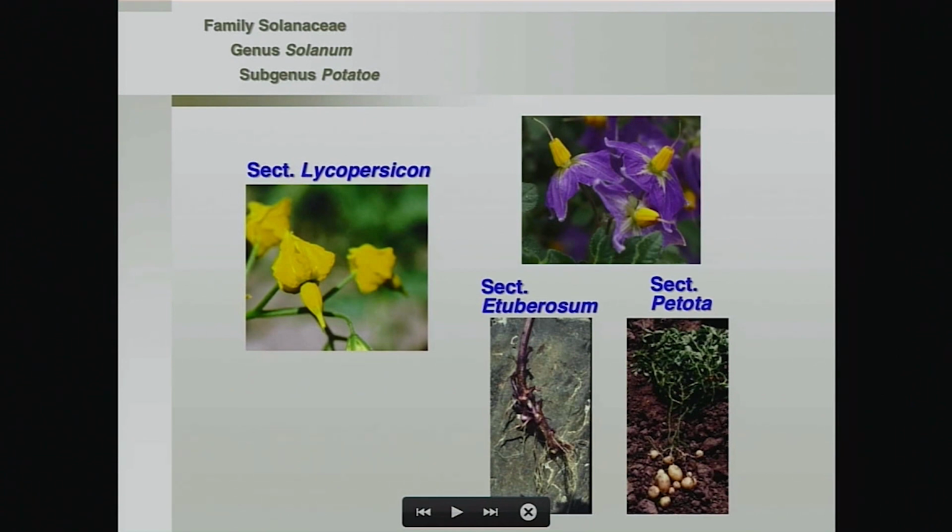And so I think all of you know that potato is a member of the Solanaceae family, and it belongs to the subgenus Potatoe. And we have three sections.